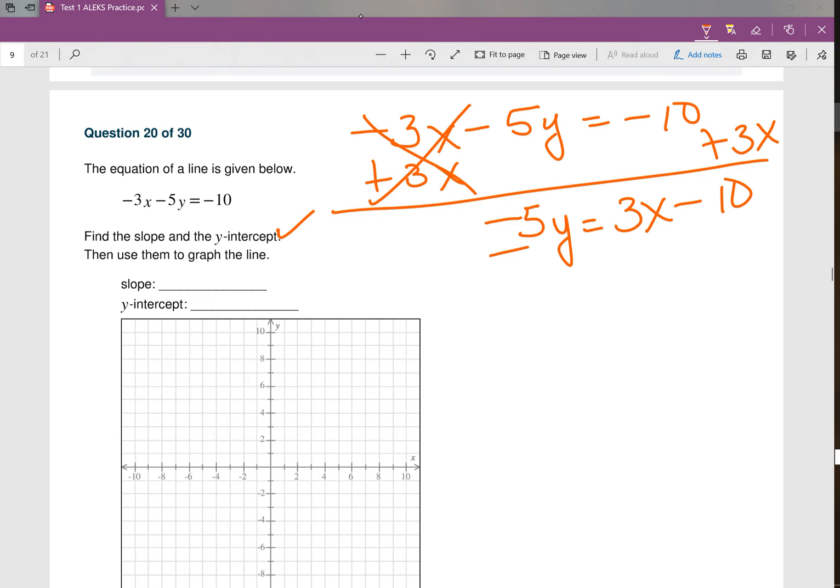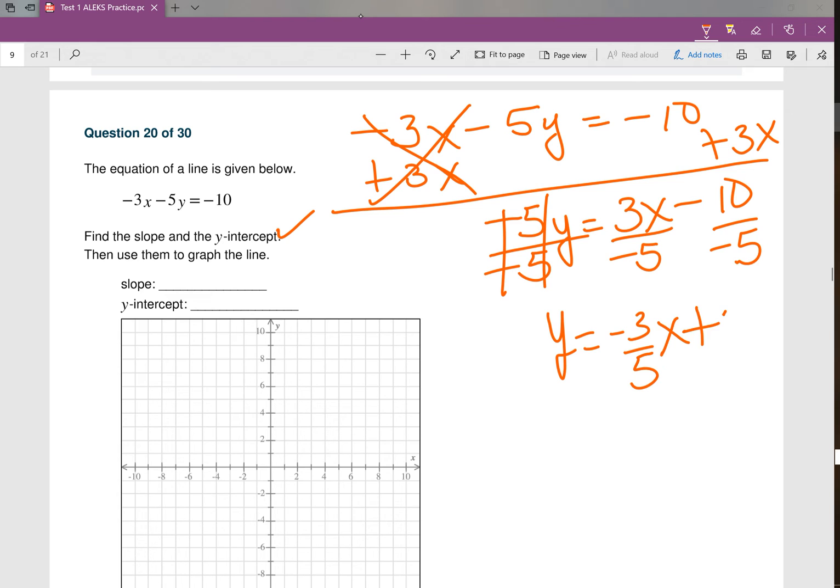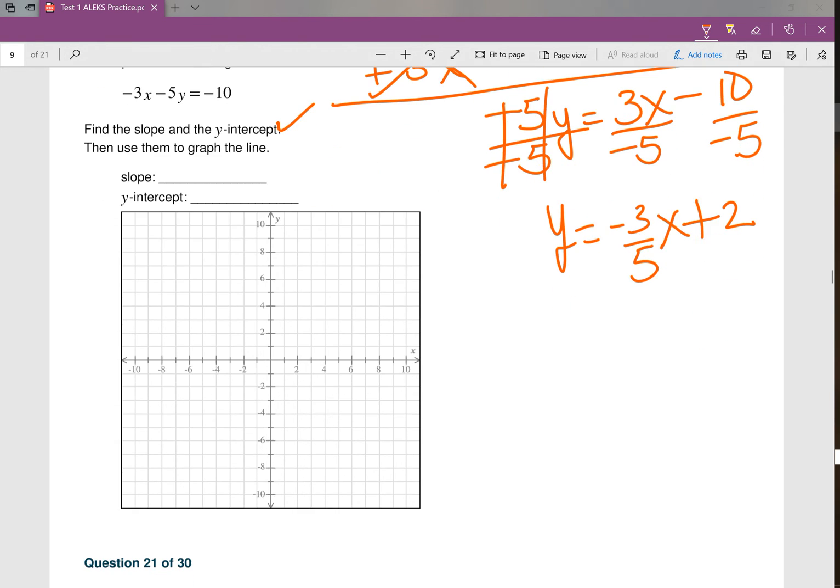And then the last step is to divide by negative 5 here, here, and here. This leaves you y is equal to negative 3/5 x plus 2. Then they want you to identify the slope, which is negative 3/5, and the intercept, which is (0, 2).